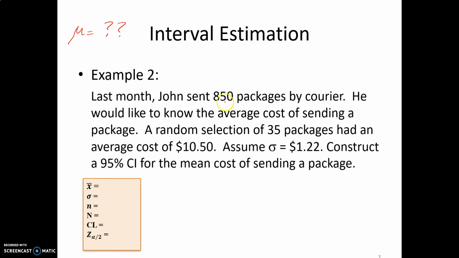He does not want to go through each and every receipt because sampling, if he takes a sample, it saves time and money. However, it's not 100% accurate. So it's always a balance between accuracy and time and money.